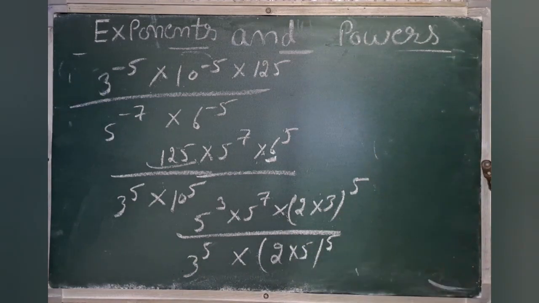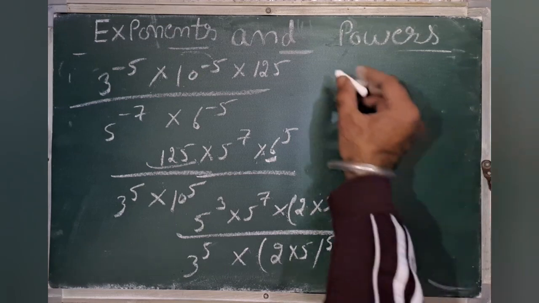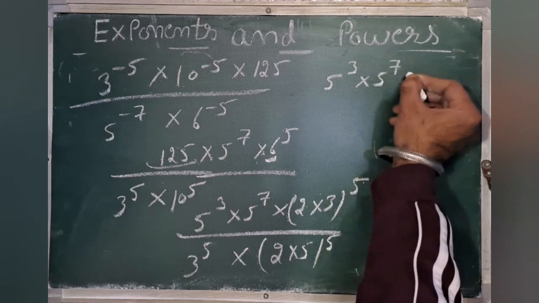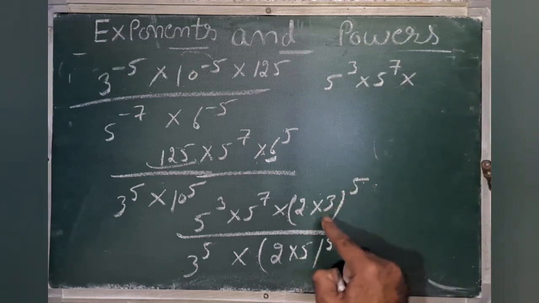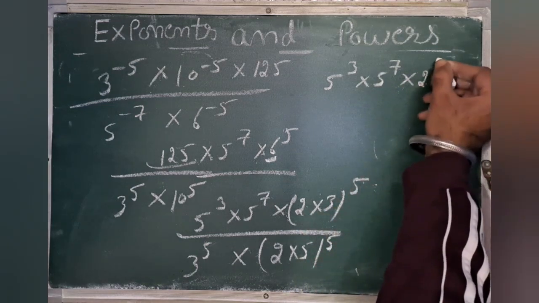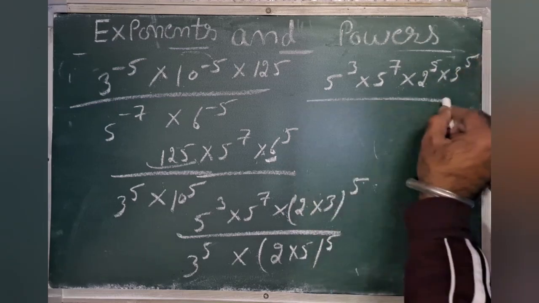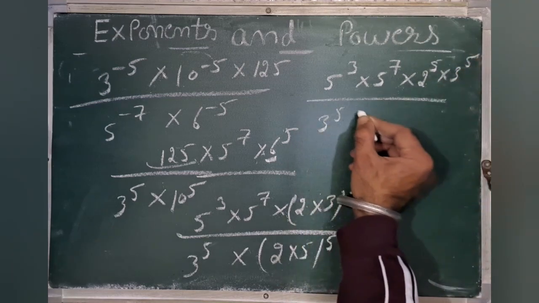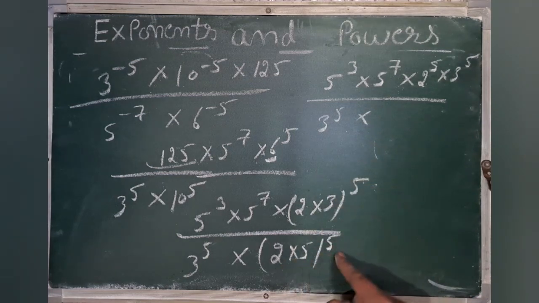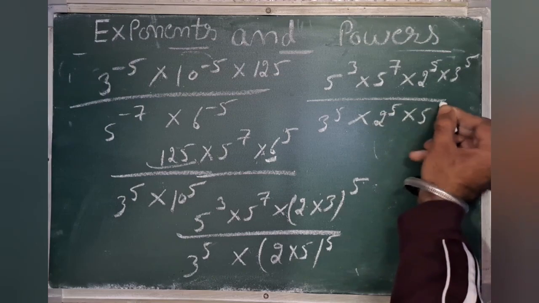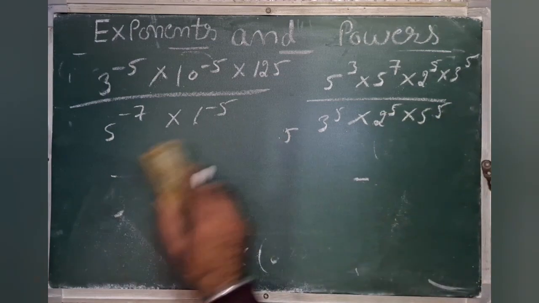Now next step. We'll give the powers. So 5 power 3 multiply 5 power 7 multiply 2 power 5 and 3 power 5 also, 2 power 5 multiply 3 power 5 upon 3 power 5 multiply 2 power 5 and 5 power 5. So what is our next step?